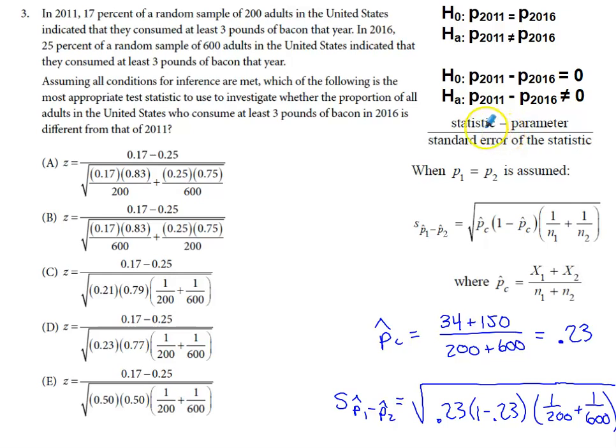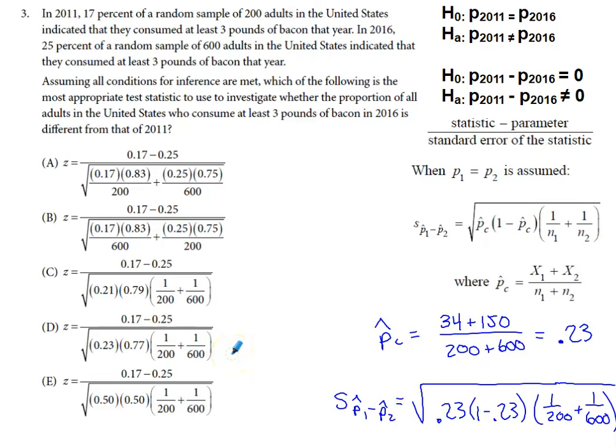So my numerator is going to be the proportion from 2011 minus the proportion from 2016 minus 0, right? The null hypothesis value difference is 0. That's what every numerator says.